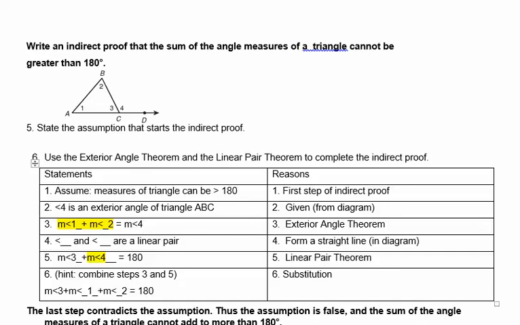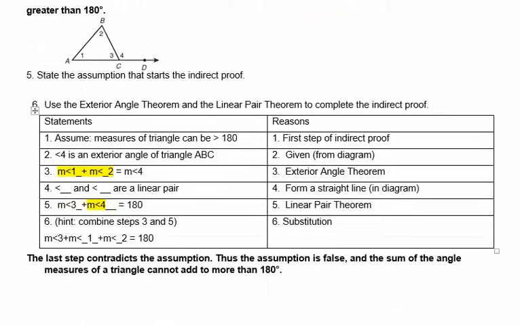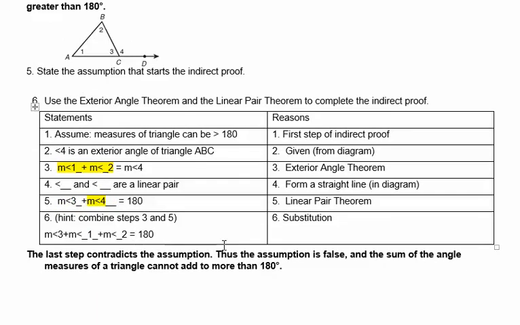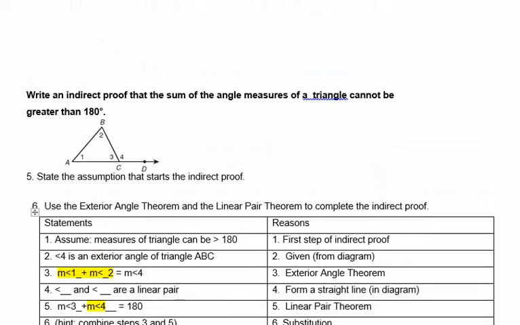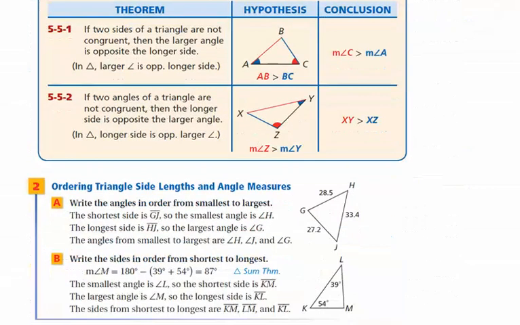They can't be both greater than and equal to 180. Therefore, that last step is a contradiction to what we were assuming. So then the assumption is false, and the sum of the angle measures of a triangle cannot add to more than 180 degrees. So if your assumption is false, then you can show that your original conclusion is true.